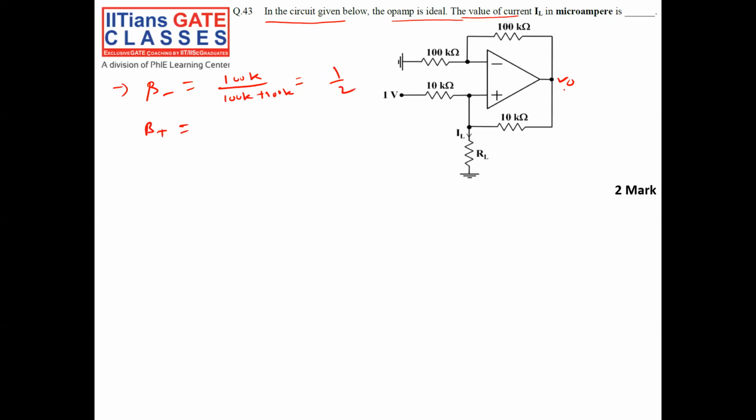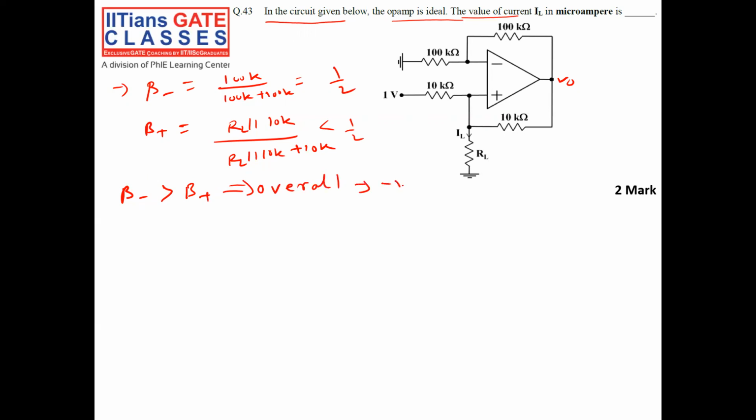It is V0 to positive potential, which is RL parallel to 10k divided by RL parallel to 10k plus 10k, so definitely less than half. Since beta negative is greater than beta positive, the feedback factor for the negative terminal is more than for the positive terminal. So the overall feedback is negative feedback.